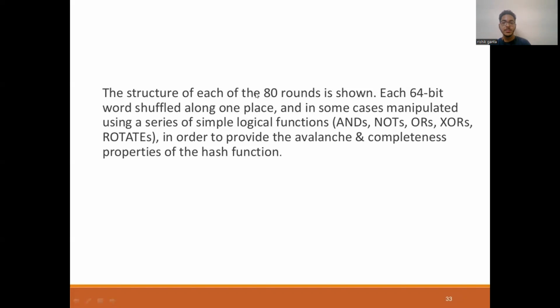The structure of each of the 80 rounds is shown. Each 64-bit word is shuffled along one place and in some cases manipulated using a series of simple logical functions, AND, NOT, OR, XOR, and rotates, that is ROTR, in order to provide the avalanche and completeness properties of the hash function.